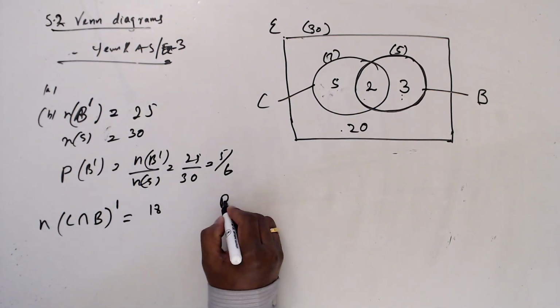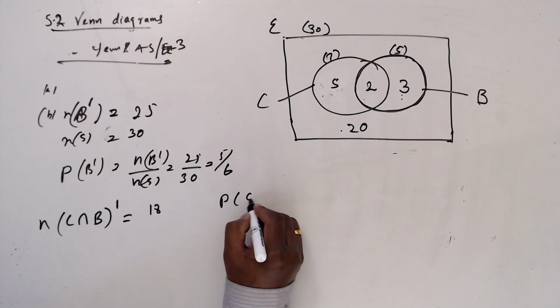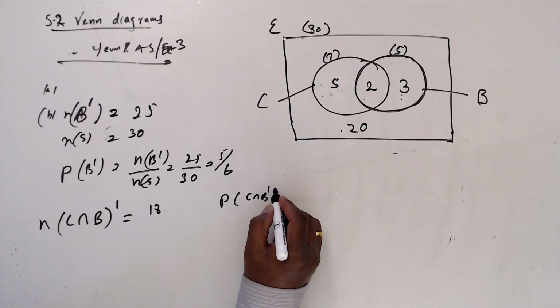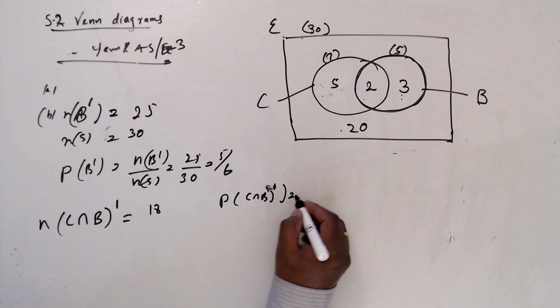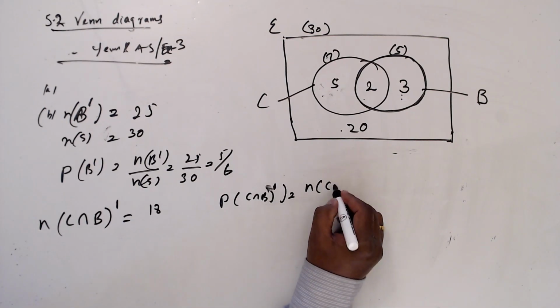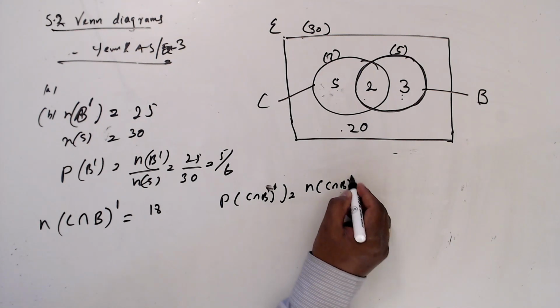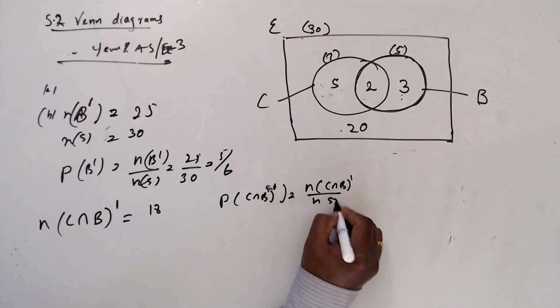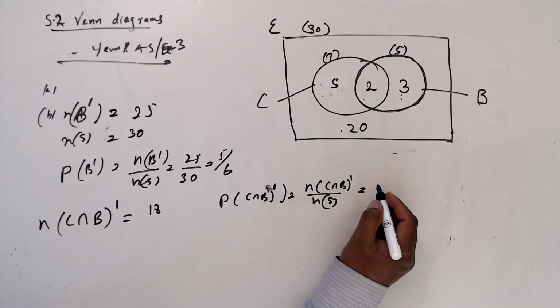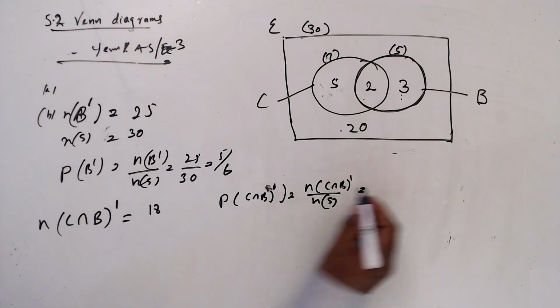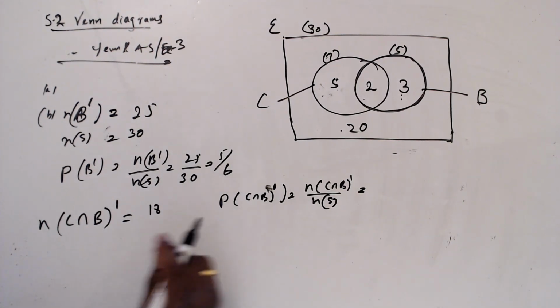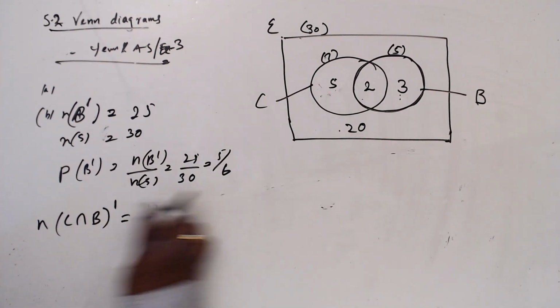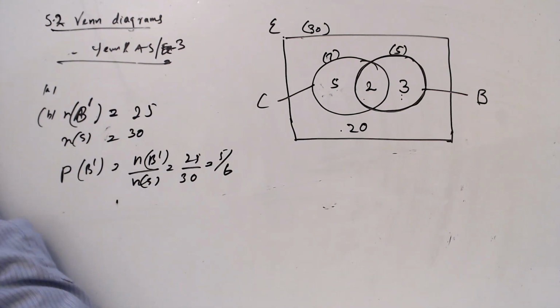So P(C intersection B') is N(C intersection B') over N(S). It means 18 over, sorry, I read the question wrongly. So this is not the answer.